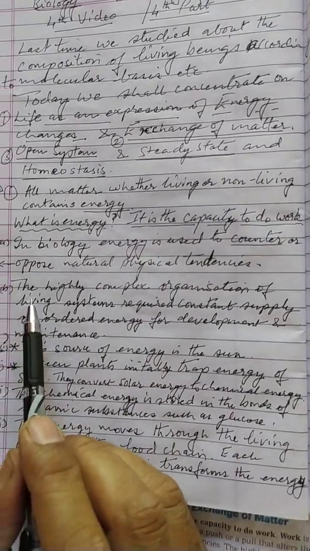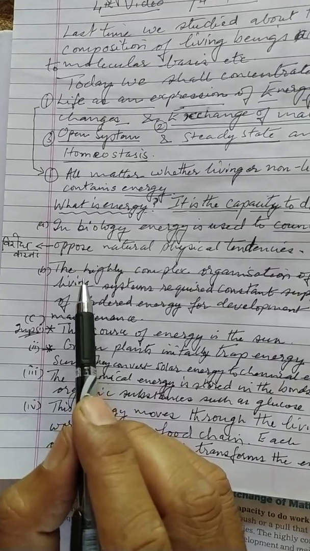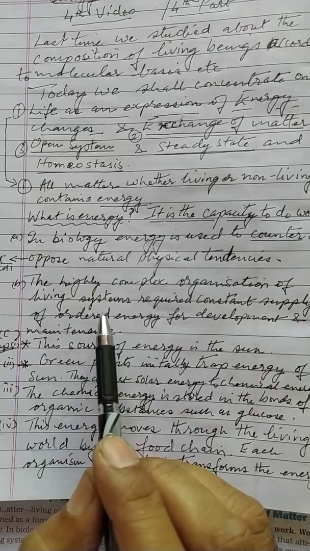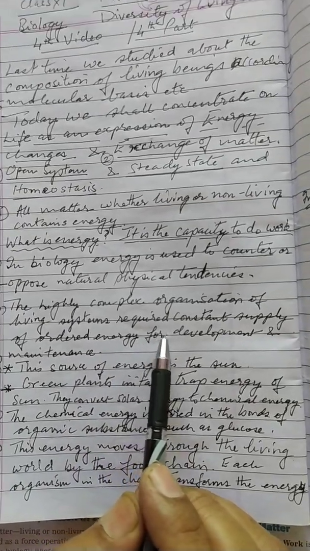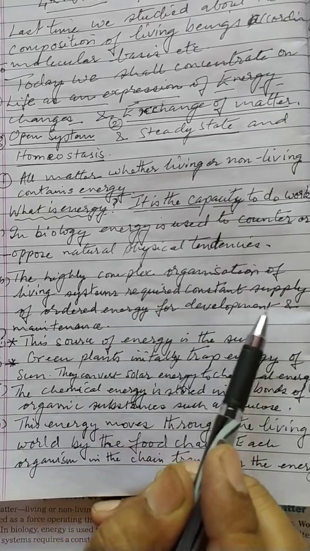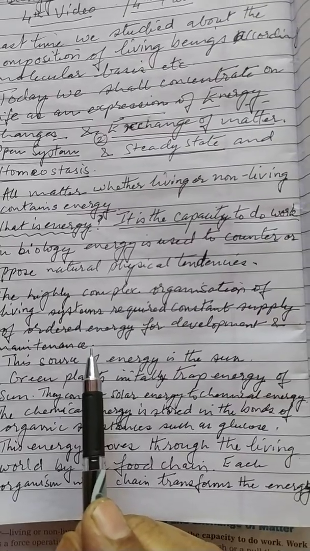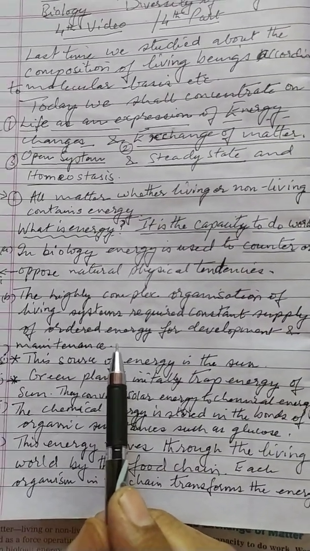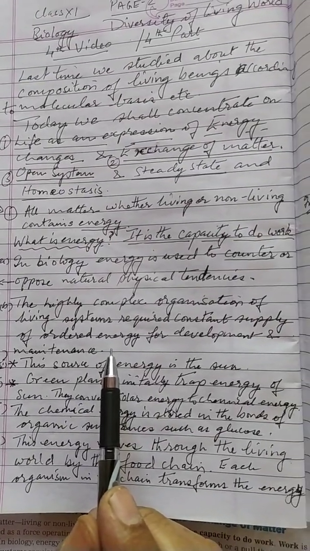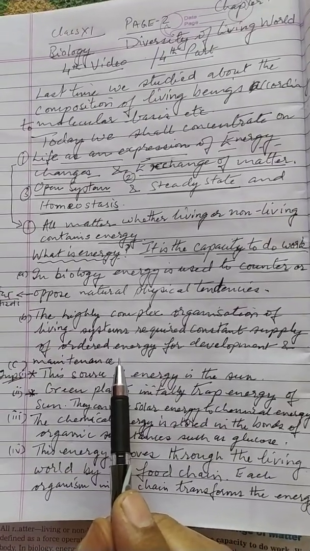Another aspect we'll see of life as an expression of energy changes is that the highly complex organization of living systems requires a constant supply of ordered energy for development and maintenance. Like we see, we are large organisms. We need all the time energy sources, different food sources, water, so that we grow.